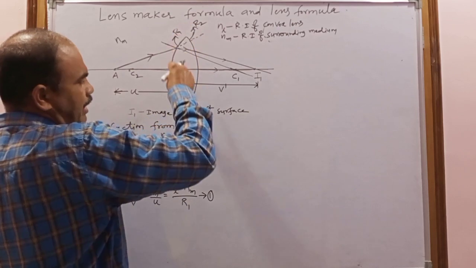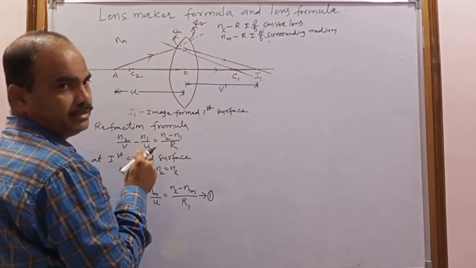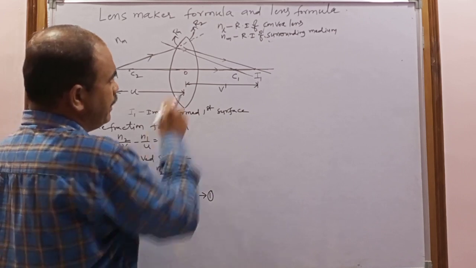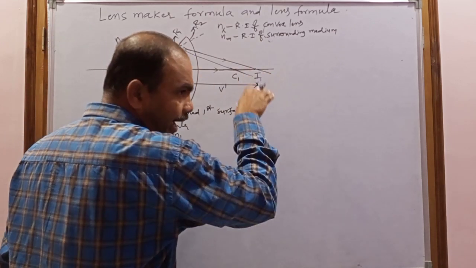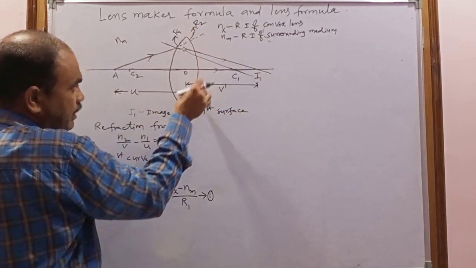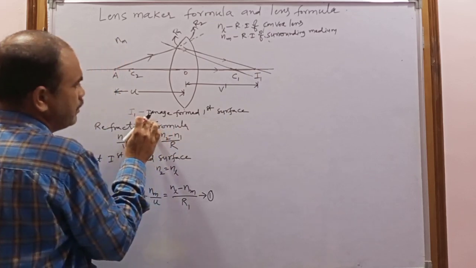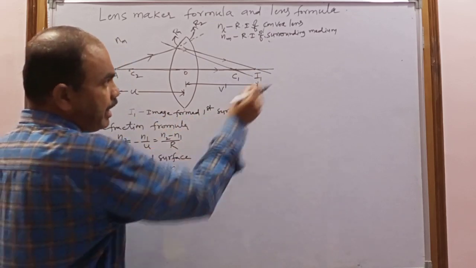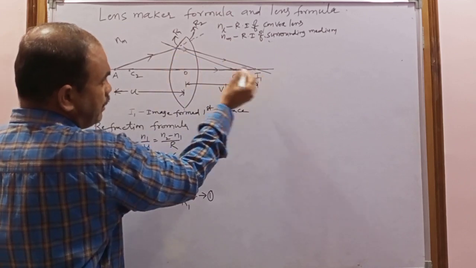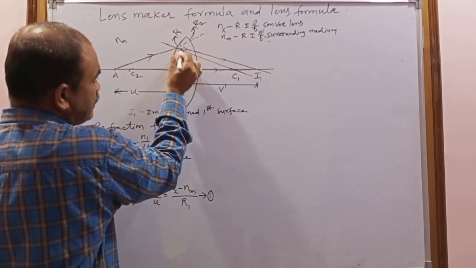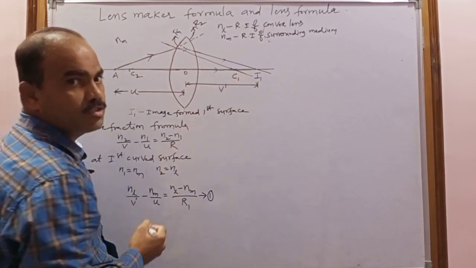When the light undergoes refraction at the first surface, it forms the image I1. Now this image I1 can act as a virtual object for the second surface. I1 is the image formed by the first surface, and it acts as a virtual object. Actually this image is here, but for the second surface it will be coming from somewhere here, because it is a virtual object.